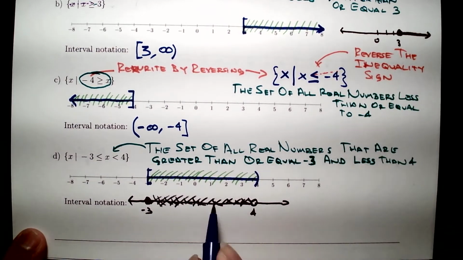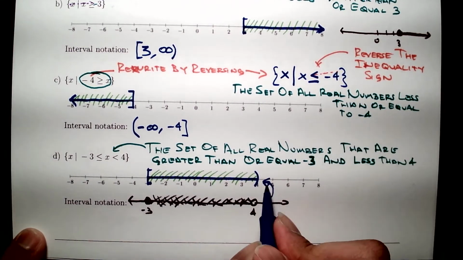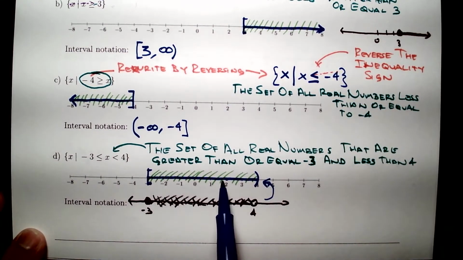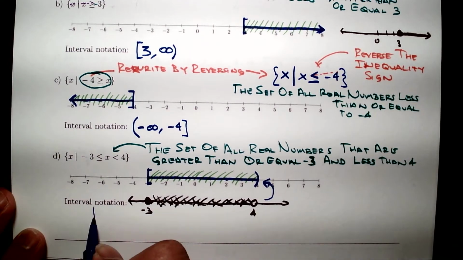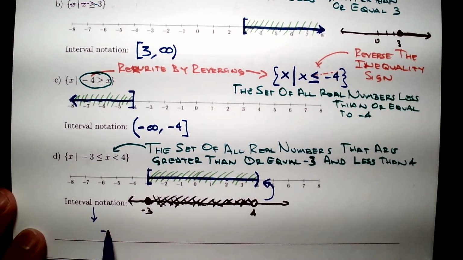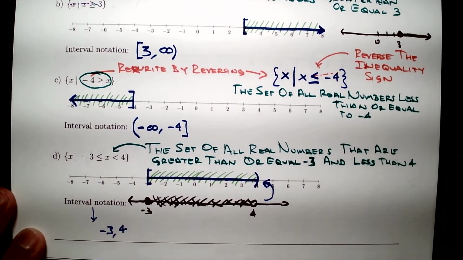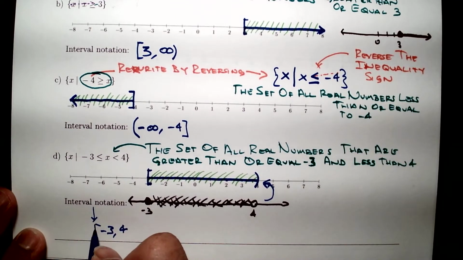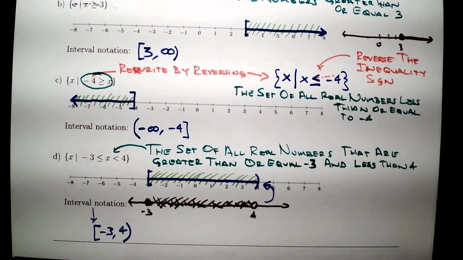This is not interval notation. This is just an alternative way to express the graphical notation of this set. So using interval notation here: lower endpoint -3, a comma, upper endpoint 4, a bracket for the lower endpoint, and a parenthesis for the upper endpoint. All right.